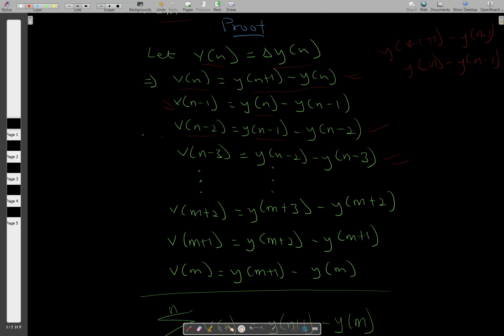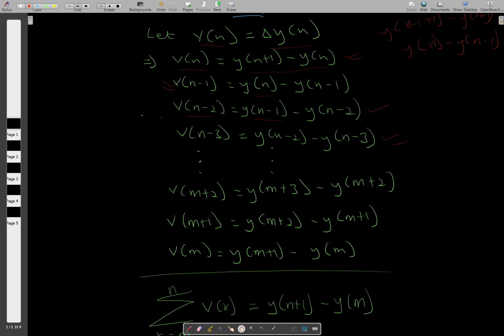We can't list all of them, so let's find v of n plus 2. v of n plus 2 will be y of n plus 2 plus 1, which is y of n plus 3 minus y of n plus 2. Okay, y of n plus 1, we get this for v of n plus 1. Then finally, v of m is given by y of n plus 1 minus y of m.